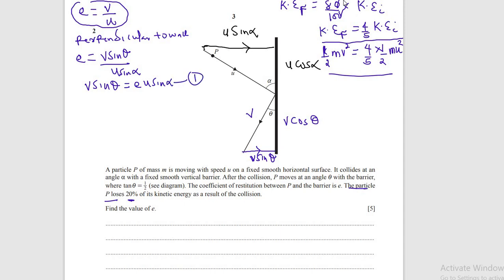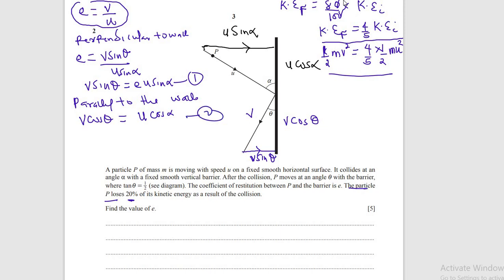That's the motion perpendicular to the wall. Now parallel to the wall, we have u cos alpha initially. The final is v cos theta equal to u cos alpha. That's parallel to the wall, equation 2.